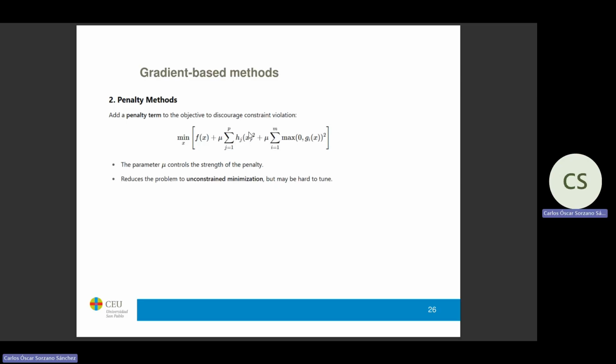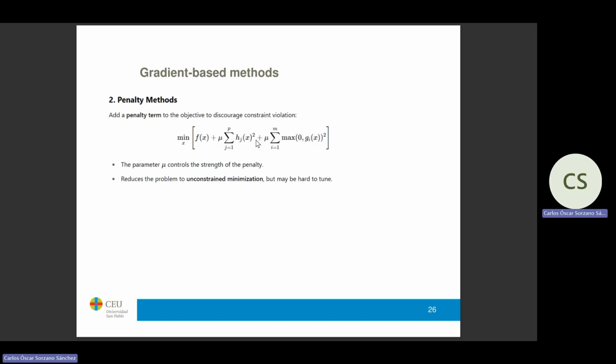In equality, let's say that h evaluated at x is zero. So you are exactly on the line or on the curve. Then this will be zero and you are not penalizing at all. As long as you deviate in any way from the line, you will be penalized.